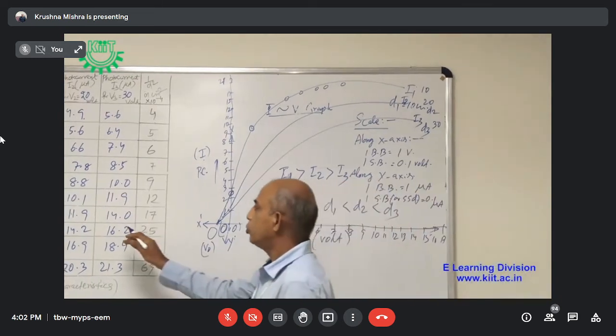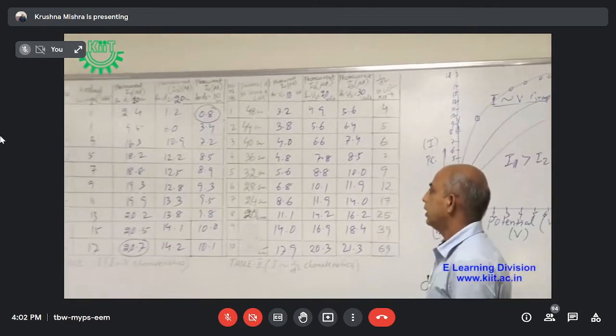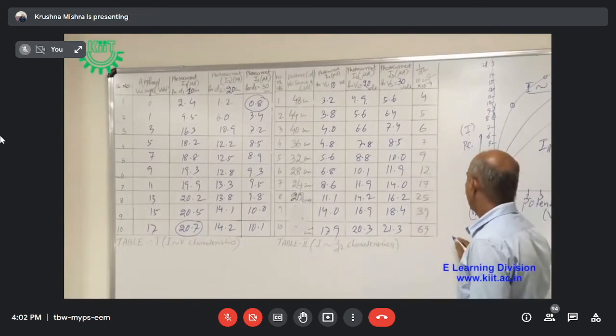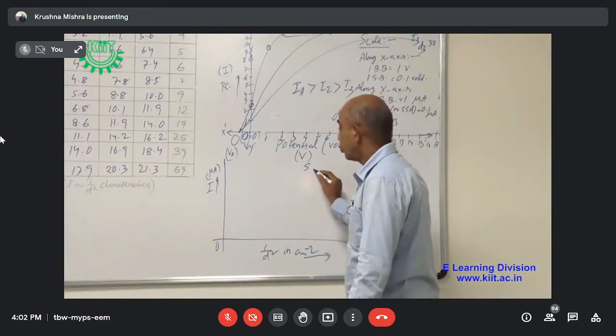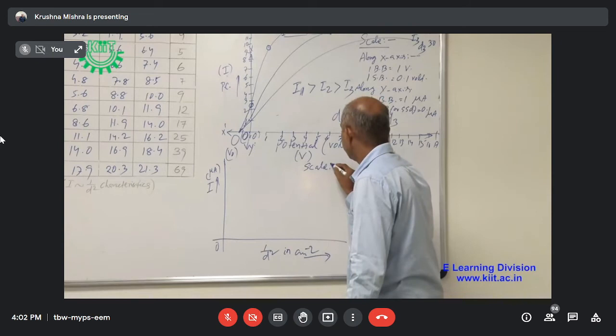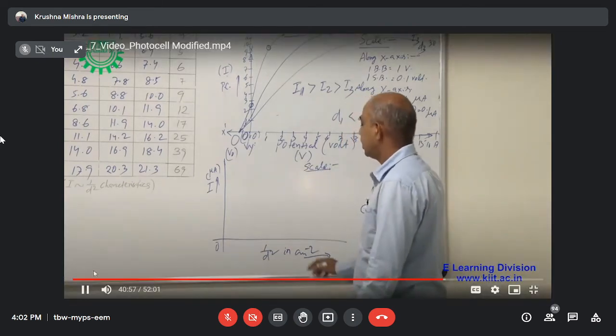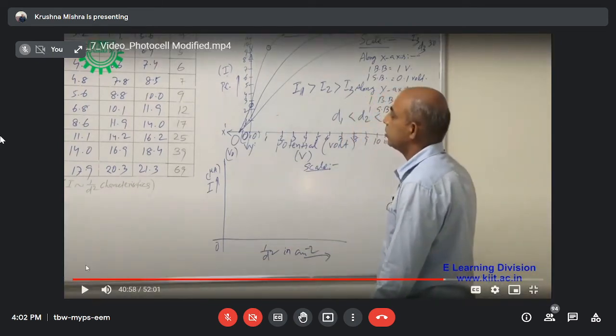Similarly, if I go to the second table, then we have to plot another graph. In a similar way, we will find a scale for the x-axis and y-axis. Can you complete the second table with 1 by d square, the last column? Okay, sir. We can change the scale now, sir, accordingly.